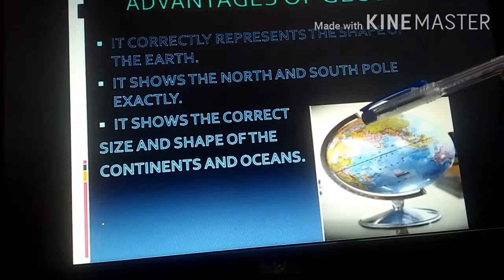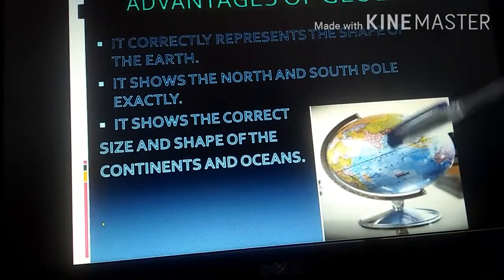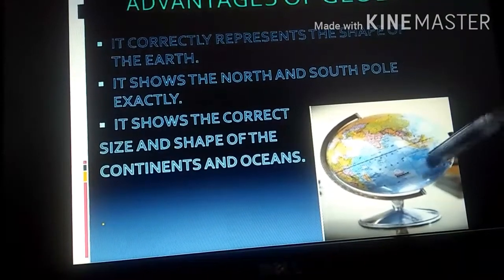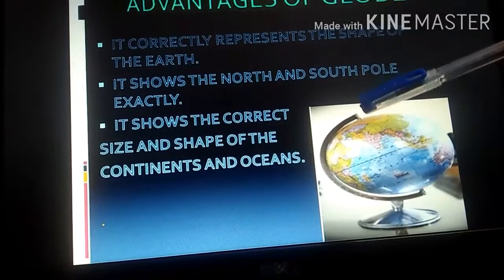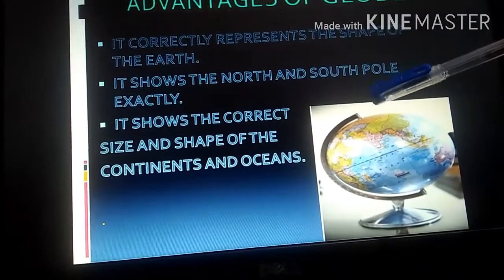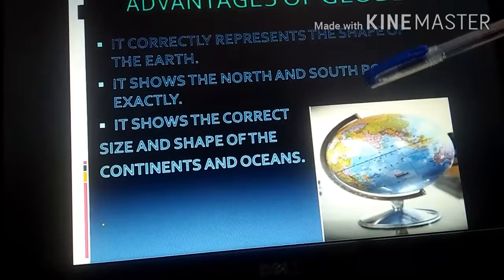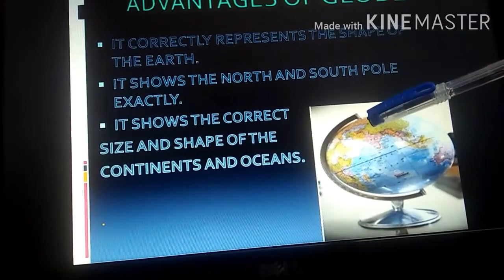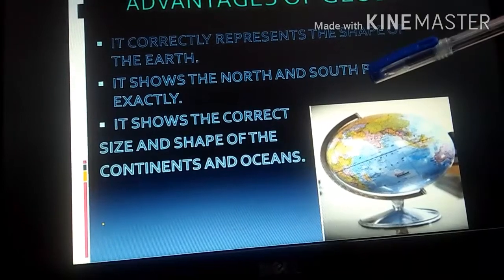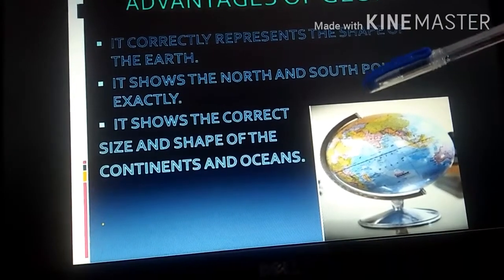You can see here different colors are used. Blue is used for showing the water on the earth, and the other colors are used for continents. The word globe has come from the word globus, that is, round mass or sphere.